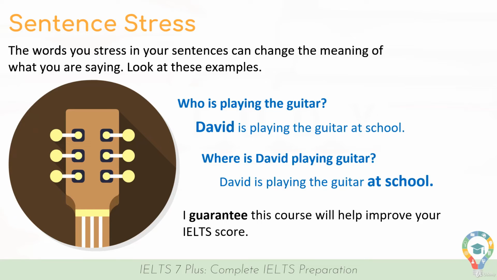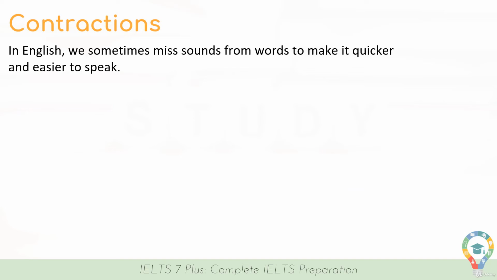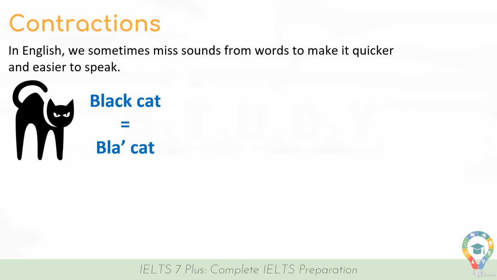Now let's take a look at a feature of English pronunciation that is often used by native speakers, and that is contractions. Contraction is something that is made shorter or smaller. In English, we sometimes miss sounds from words, and that's because it makes it faster and easier to say. So here is an example.